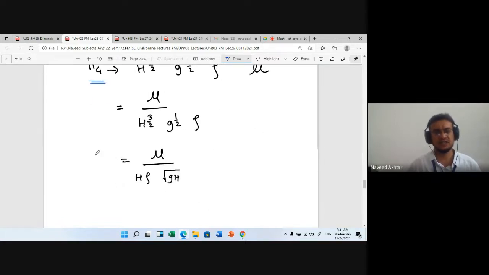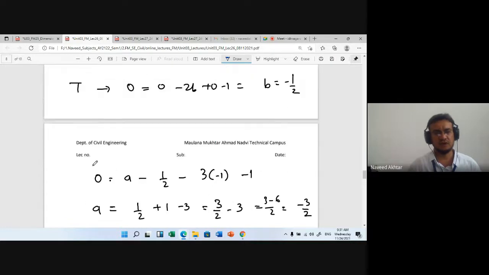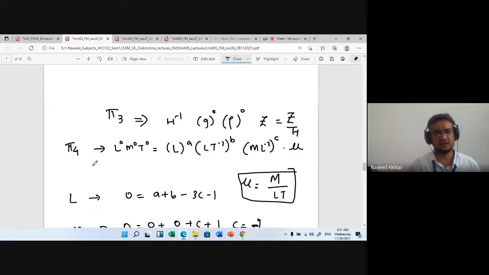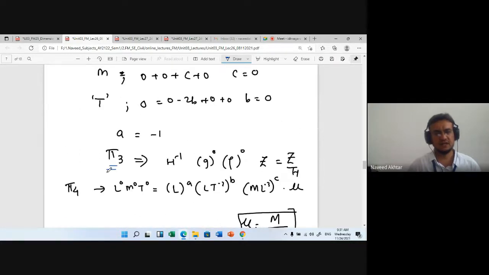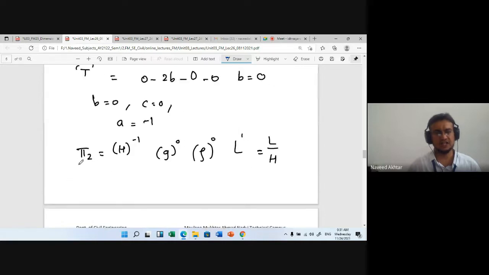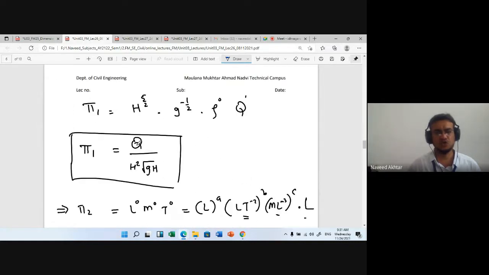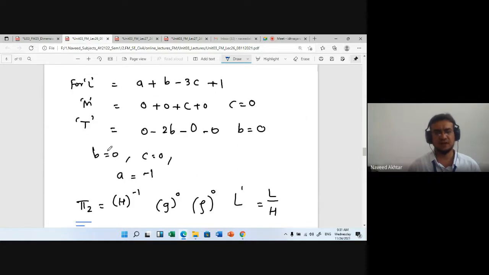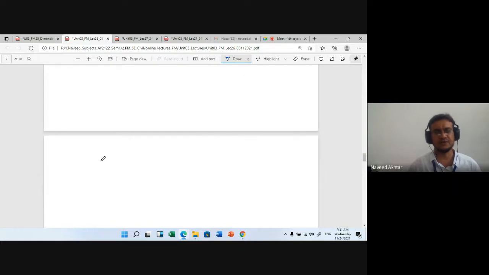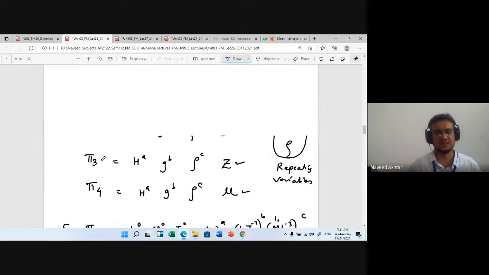If you see phi 1, phi 2, phi 3, phi 4, all these are nothing but dimensionless numbers. Here Q is discharge. In the previous example, we have solved this example.